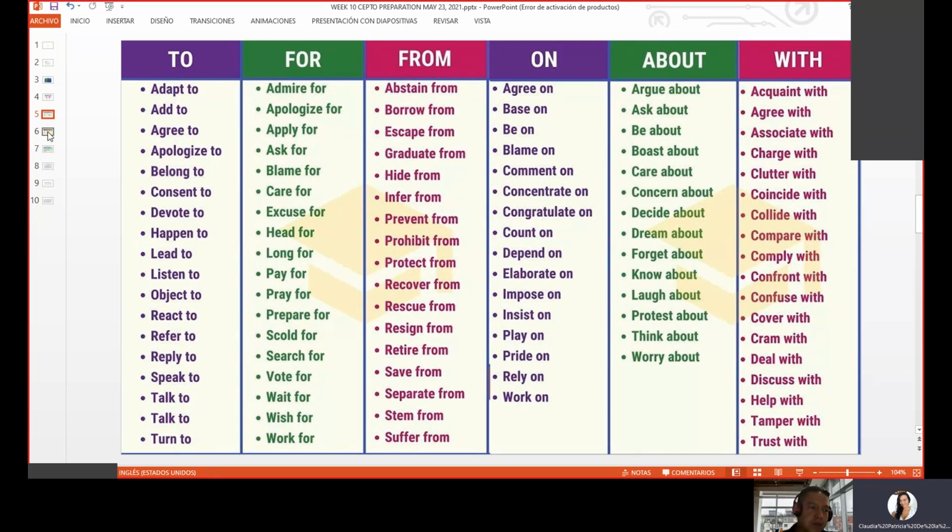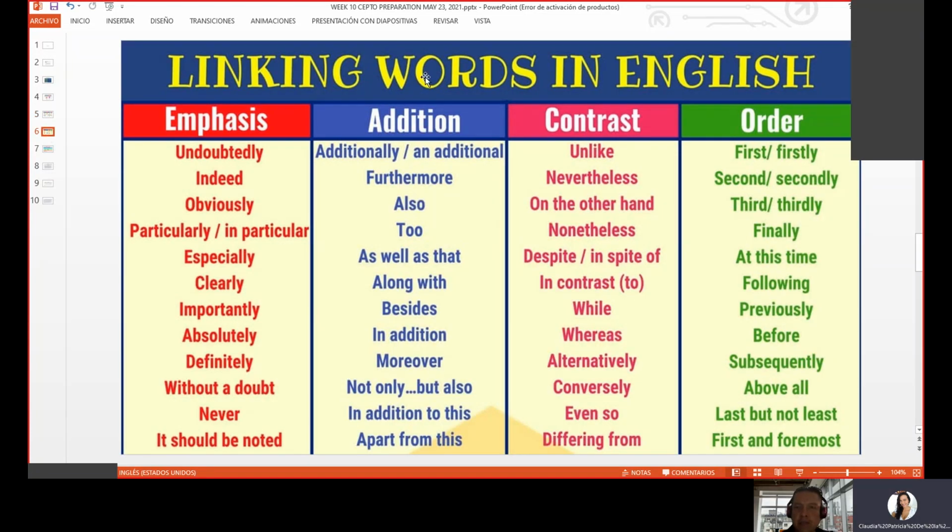The next topic is linking words and conjunctions. Here we have some examples of linking words in English: emphasis, addition, contrast, and order. For example, if you have a blank at the beginning of a paragraph, it's not going to be "last but not least," or "last" or "lastly."